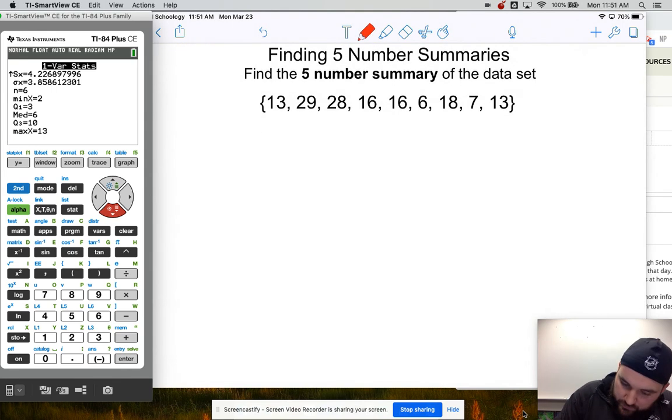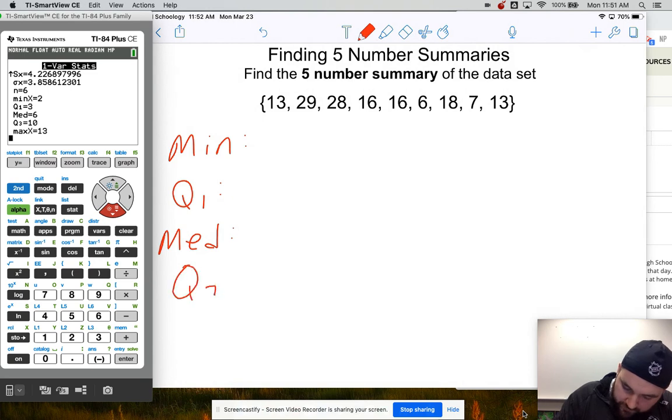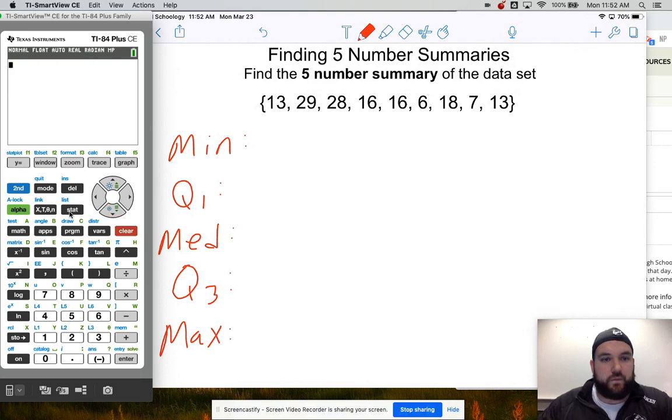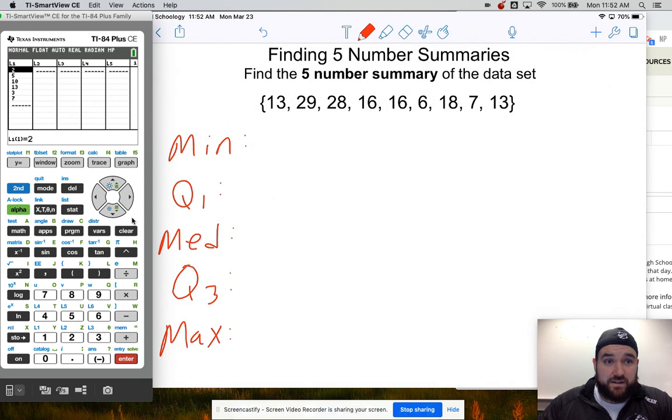Okay, now I grant you that some of this you'll be able to do without the calculator. But if you're going to use the calculator, it will give you all 5 of these values right away. So we might as well just lean on that. So to put in these numbers, I go stat, edit. I'm going to go ahead and clear that list out and then start from scratch.